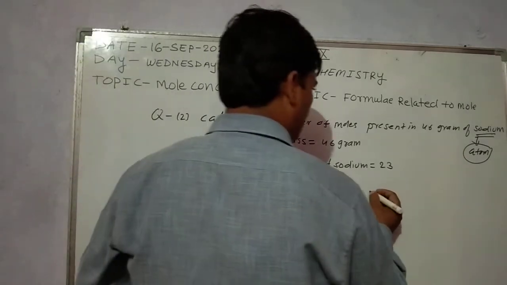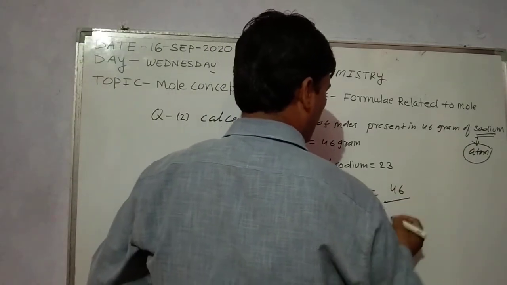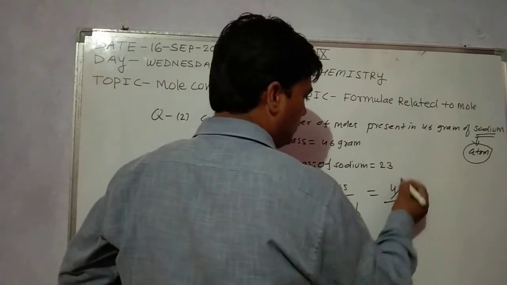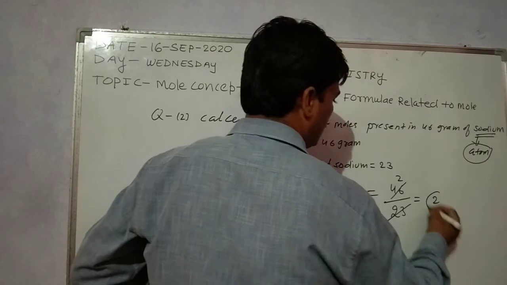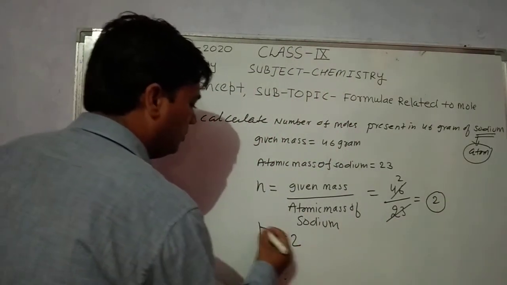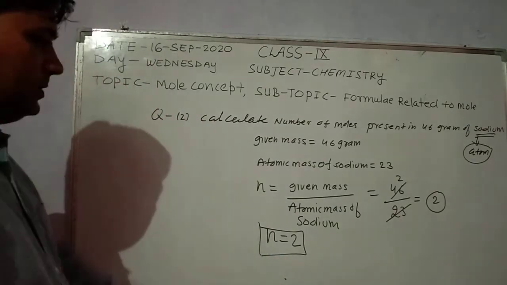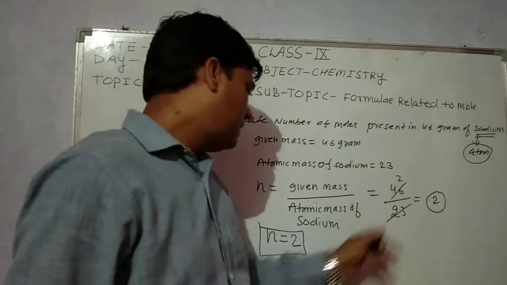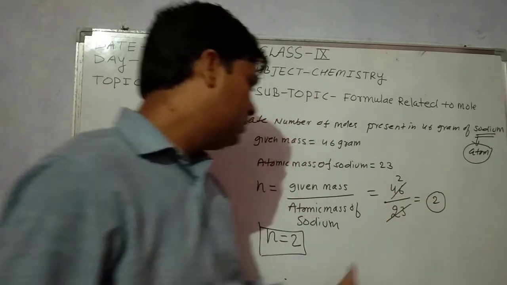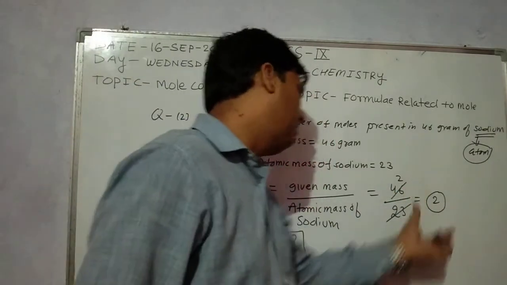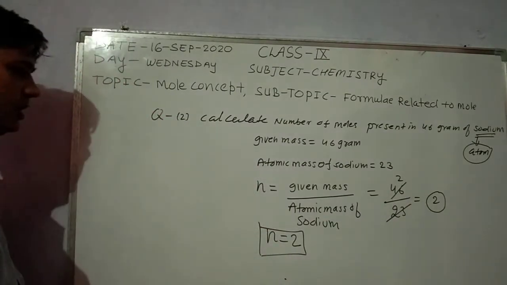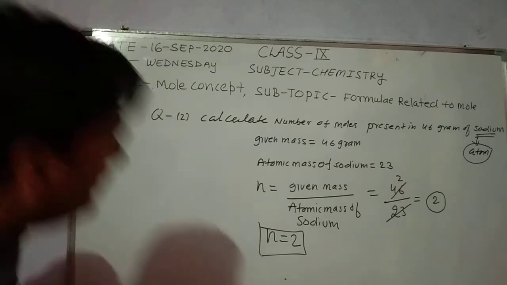The given mass is 46 gram and atomic mass is 23. So 23 into 46, so number of moles is equal to 2. In this case given mass is taken in gram and atomic mass is also taken in gram, so gram and gram cancel. So we get only a number. So number of moles is equal to 2. So in this way we can calculate number of moles in a given sample.